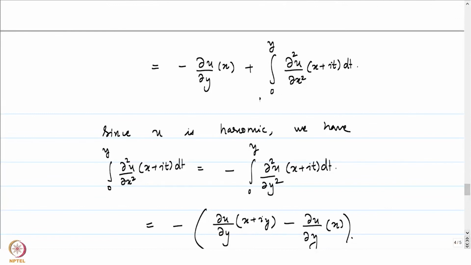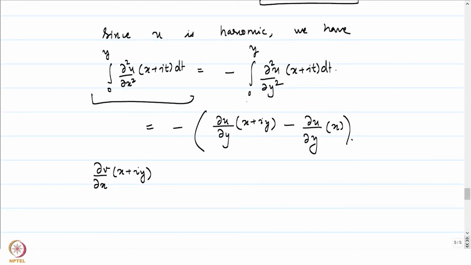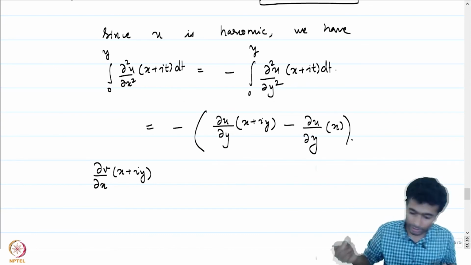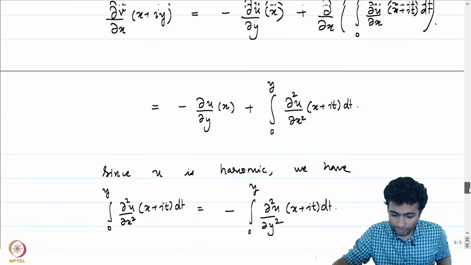This particular term, by harmonicity of u, can be written in this manner, and by using the fundamental theorem of calculus again we can write it like this. So we have used the fundamental theorem of calculus quite powerfully in this proof. We are not done yet.